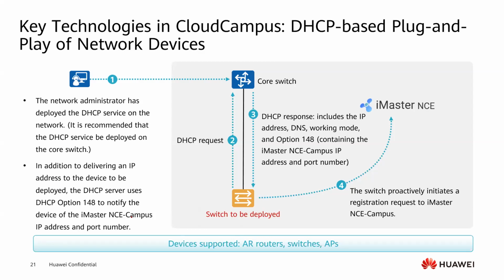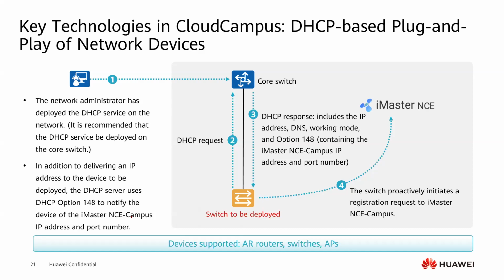And then let's talk about some key technologies we use in the cloud campus. The first important one is the DHCP-based plug and play of the network devices. Because in the large and medium-sized scenario, the devices below the core layer almost have the same configurations, such as the IP address, the VLAN, the routing protocols, and so on.